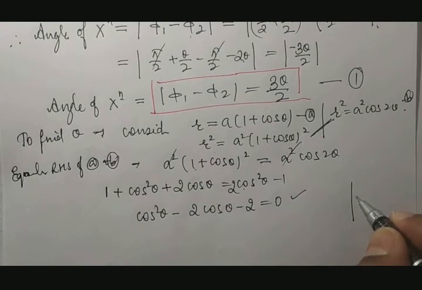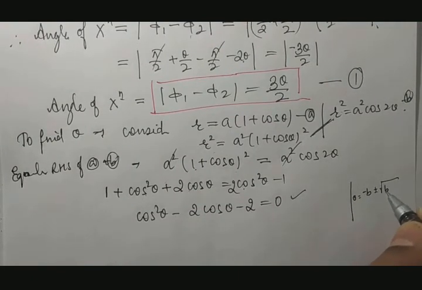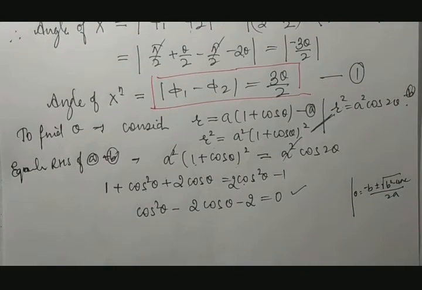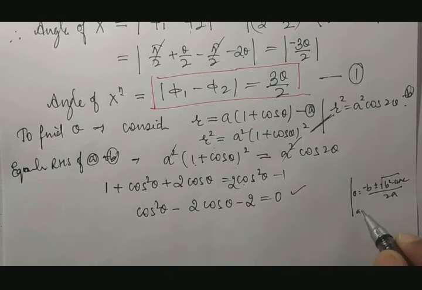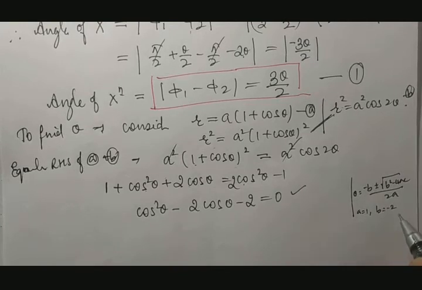What is that formula? Theta is equal to minus b plus or minus under square root b square minus 4ac divided by 2a. Here a is equal to 1, b is equal to minus 2 and c is equal to minus 2.